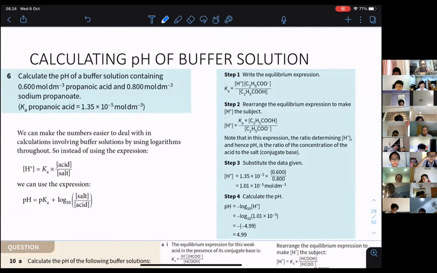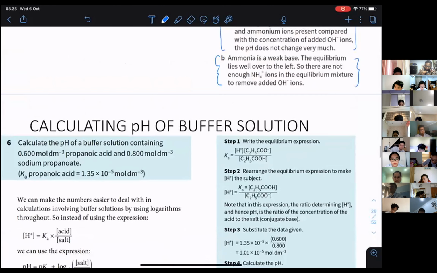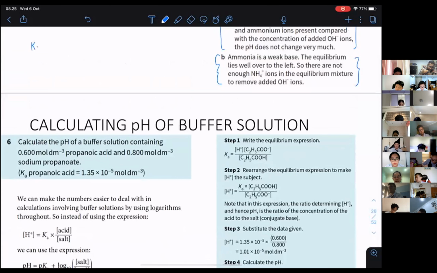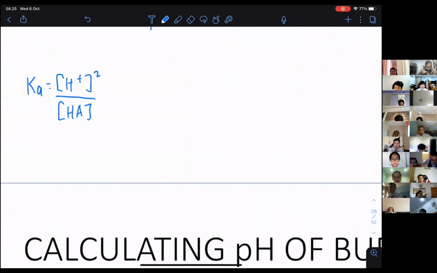You can calculate the pH of a buffer solution by using the Ka. Remember the Ka from last time? I told you Ka equals H plus to the power of 2 divided by the concentration of HA. Why do we have this formula?